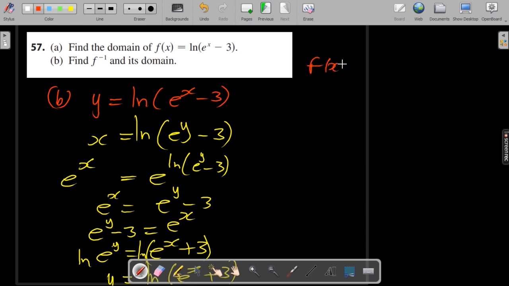So from f of x to its inverse, this one's range becomes the inverse's domain and vice versa. So it works in both directions.